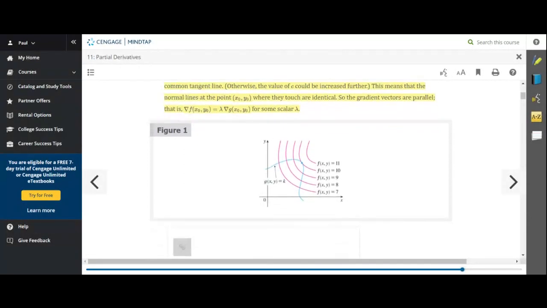Let me ask you, in figure 1, what is the surface doing as you move in the northeast direction?